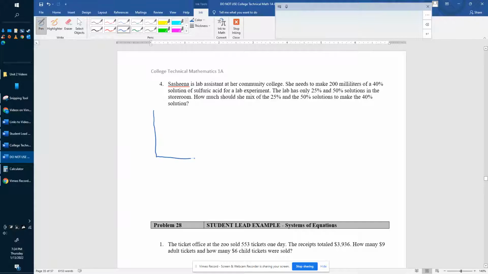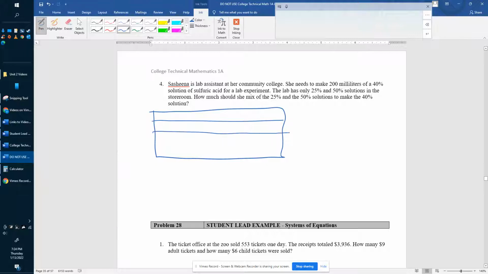Let's get our box ready. So solutions, what we're going to have here is what she has. She has a 25%. She has a 50%.